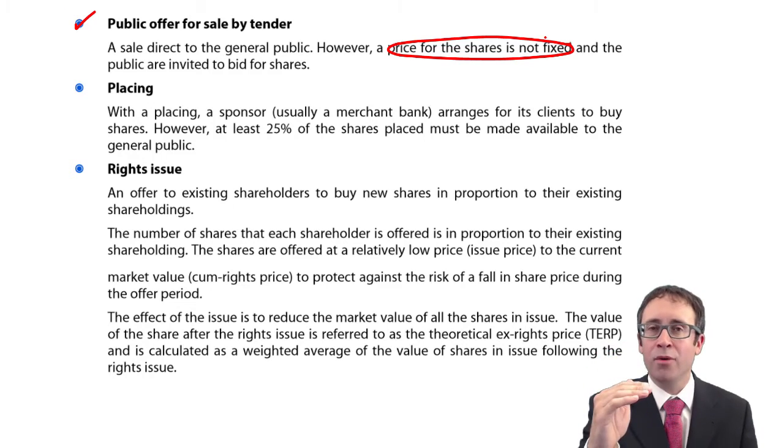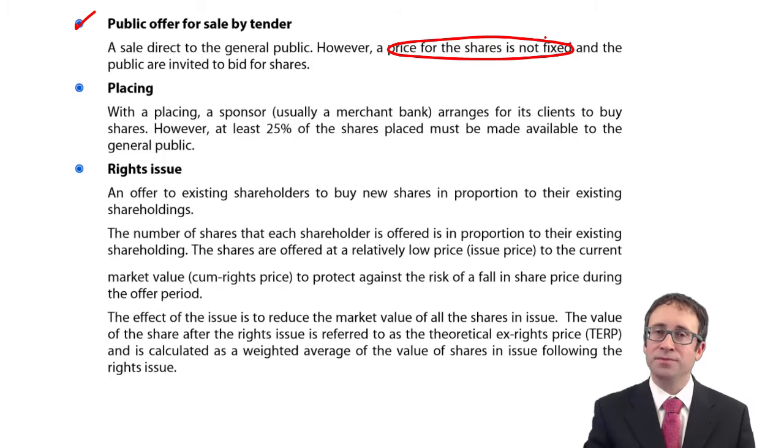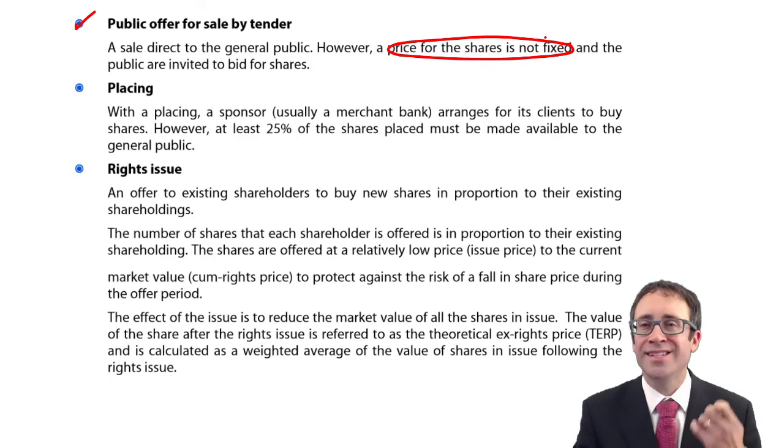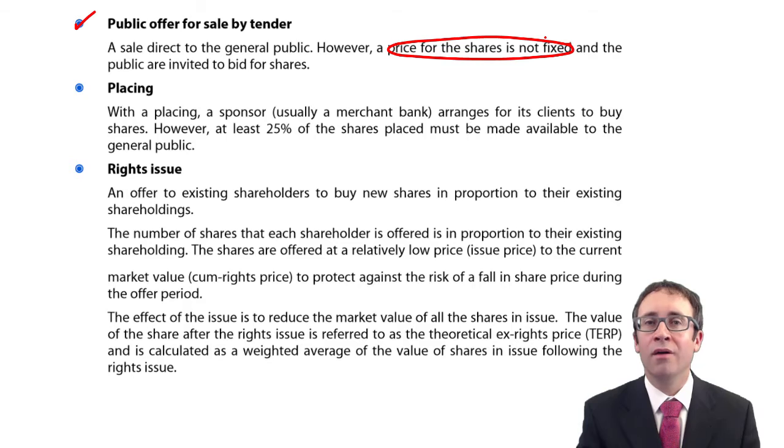Anybody who has bid at a lower price will not receive the shares. So it's a way of incentivizing the new shareholders to be proactive and put in a higher bid, and therefore giving them more chance of investing in our business.